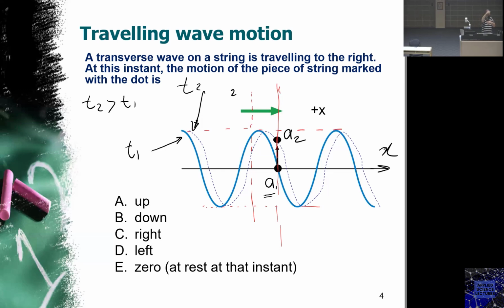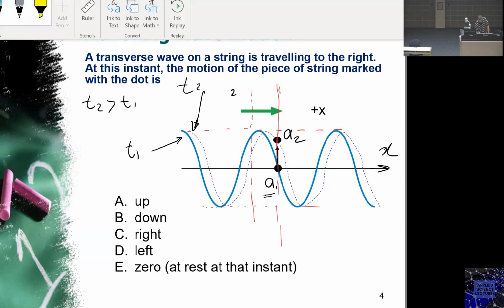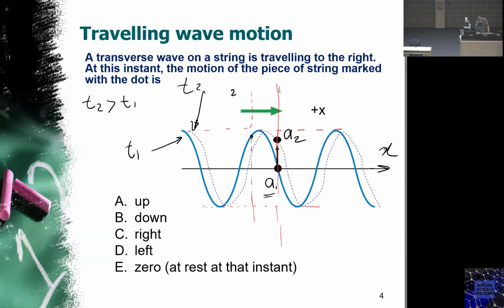The maximum and the minimum, the positive peak and the negative peak. So if I am to look now at those points, this point, let me call this one B1. It belongs to the solid line, which is the wave that's happening at T1.